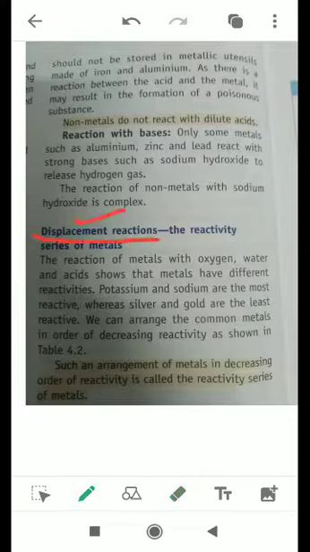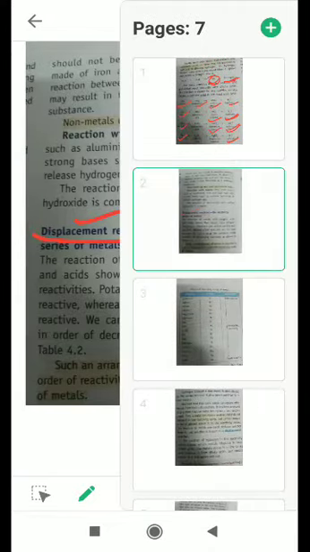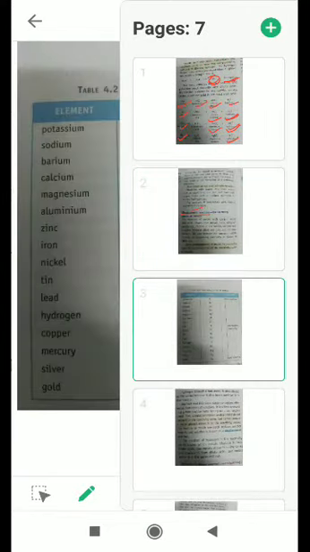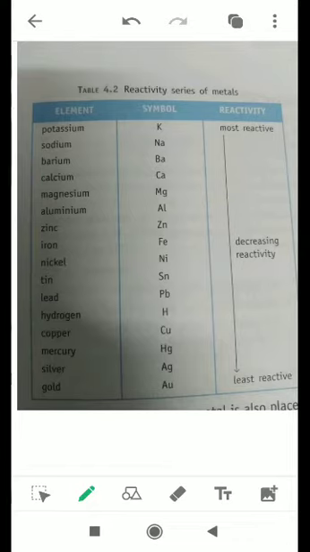Now the next topic you are going to study is the displacement reaction. Displacement, as the name says, means to replace something. So the metal which has higher reactivity replaces another metal with lower reactivity. Okay, see, this is a reactivity series. The metals placed above are highly reactive metals.